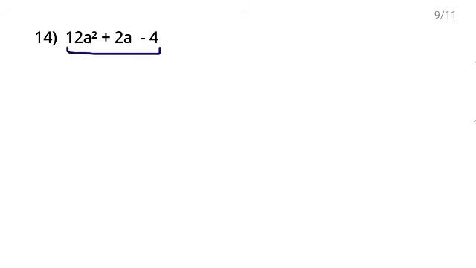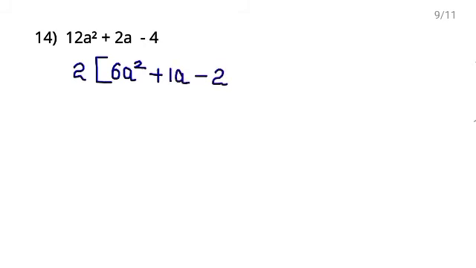Students, first of all, if you observe, you can take 2 common here because all the terms are divisible by 2. So I am taking 2 common to make my calculation easy. So now this becomes 2 6 are 12, a square plus 2 1s are 2, a minus 2 2s are 4. Now multiply the coefficient of a square by this 2.